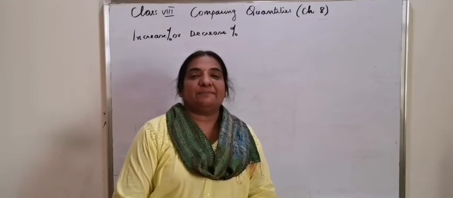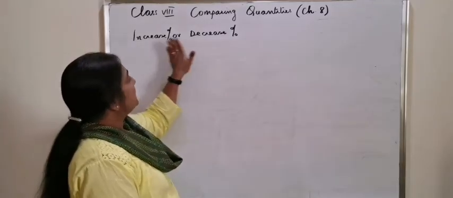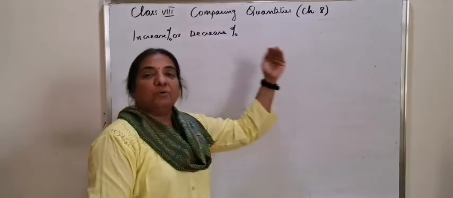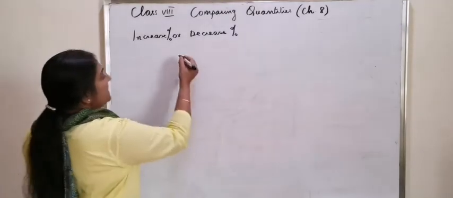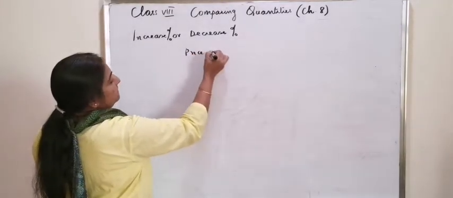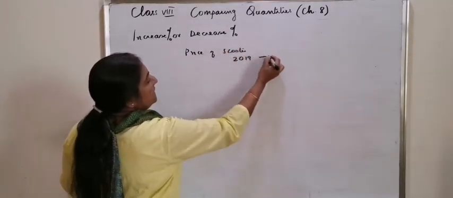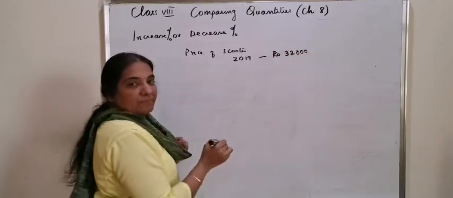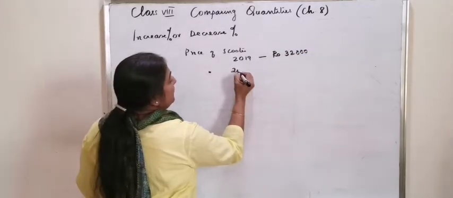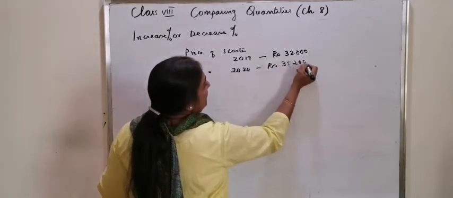With the same example, let me explain how the increase percent, decrease percent, or discount percentage is calculated. The price of a scooter in the year 2019 was marked as rupees 32,000. The same scooter's price is now marked as rupees 35,200.